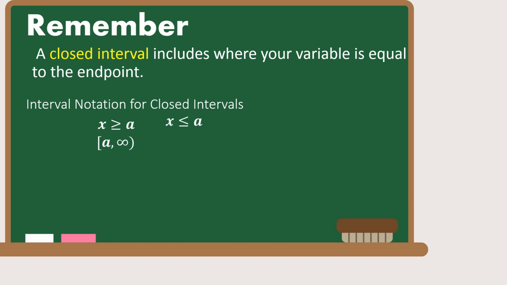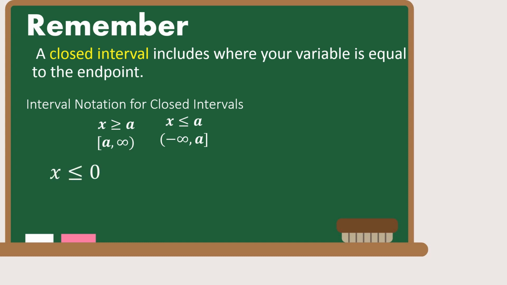For x is less than or equal to a, we will use an open parenthesis, negative infinity, comma, the value of a, and a closed bracket.